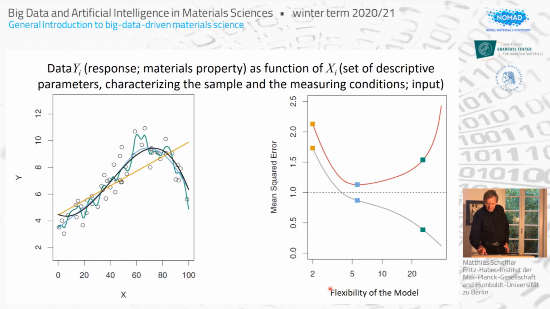flexibility of the model, where the flexibility is quantified in terms of the number of parameters. So the flexibility is 2 for our linear model. It is 6, I think, for the blue model. It is above 20 for the green model.